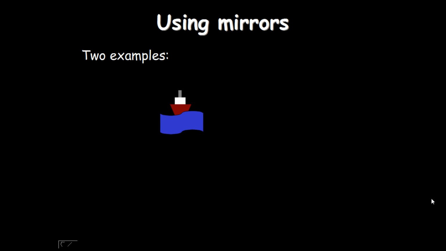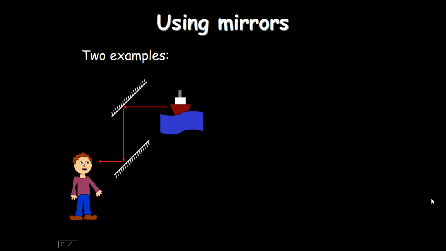Using mirrors, two examples are there. There are so many uses of mirrors. We can use mirrors to make scopes. The object is placed in one direction and the person's eye is in a different direction, but because of the plane mirror, the light ray strikes one mirror, then strikes another one, and comes to the eyes, and finally the object is seen.